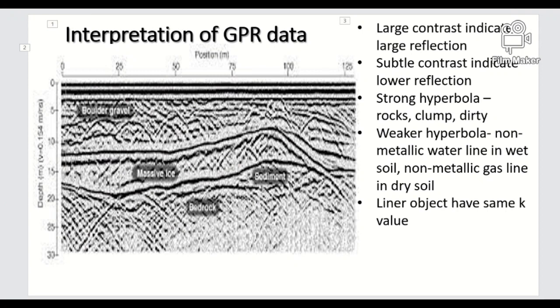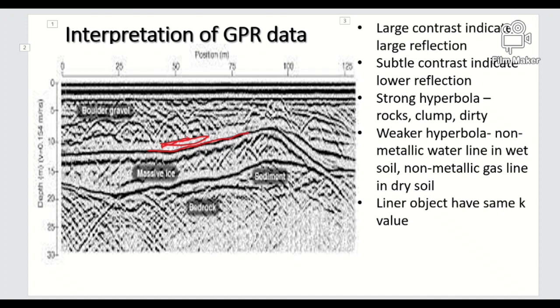Here this gives a large contrast, indicating large reflection from a different layer. But here is a subtle contrast, indicating low reflection. Here may be something with low dielectric permittivity or high electric conductivity material. So if there is any, it gives a strong hyperbola.